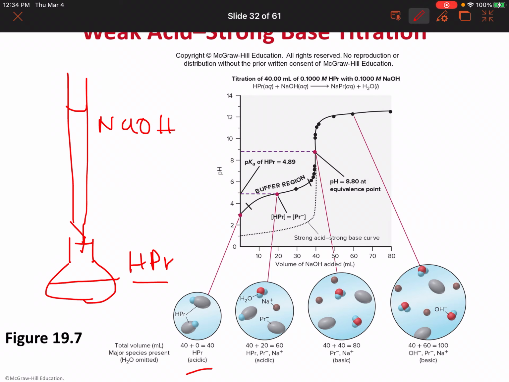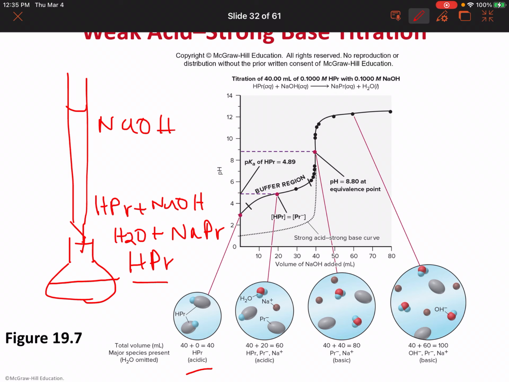Okay, and then as you add base, the weak acid is going to react with that. So HPr plus sodium hydroxide is going to give you water plus sodium propionate, right?